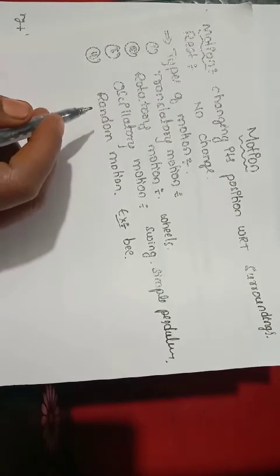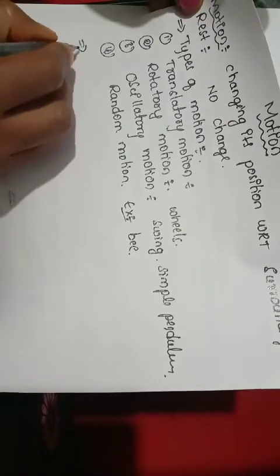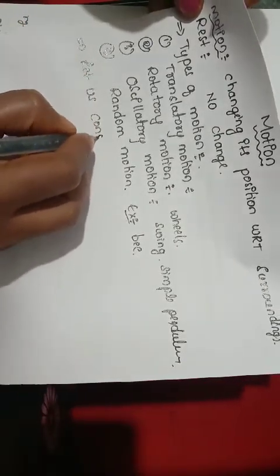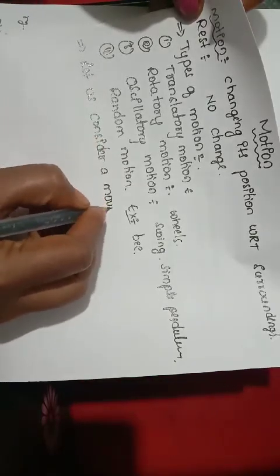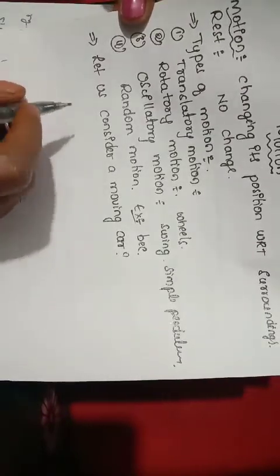Next, let us consider rest and motion; we'll discuss in detail. Let us consider a moving car. In this car, three members are traveling, a family of three: a father, mother, and a boy.